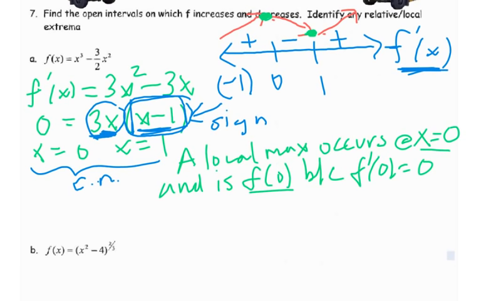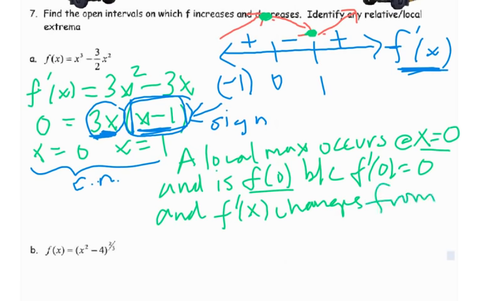The first derivative is 0 at 0, and the first derivative itself changes from, and just read your graph, positive to negative. So all I'm doing is looking at that graph and telling a story. You have to write all of that as your justification.